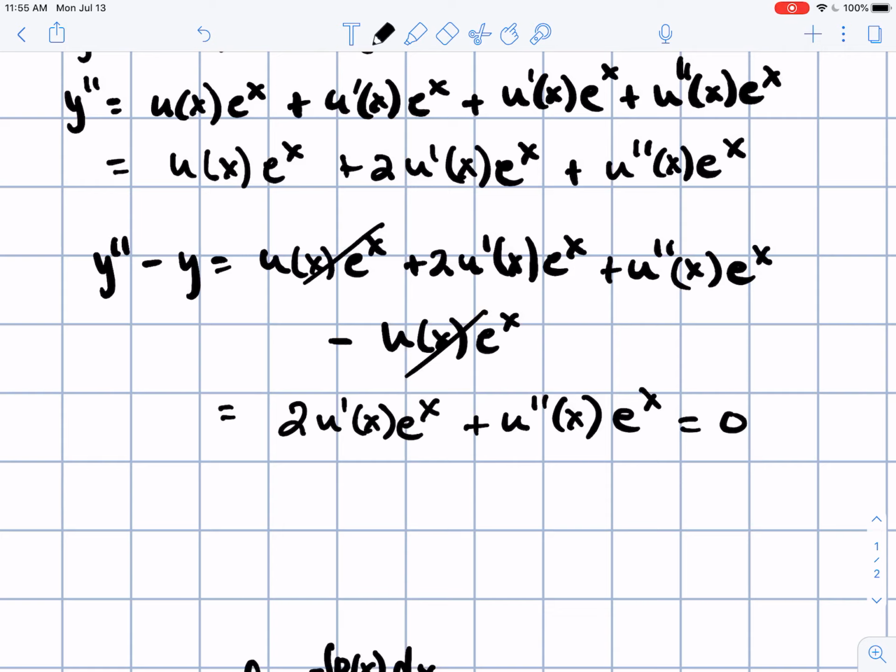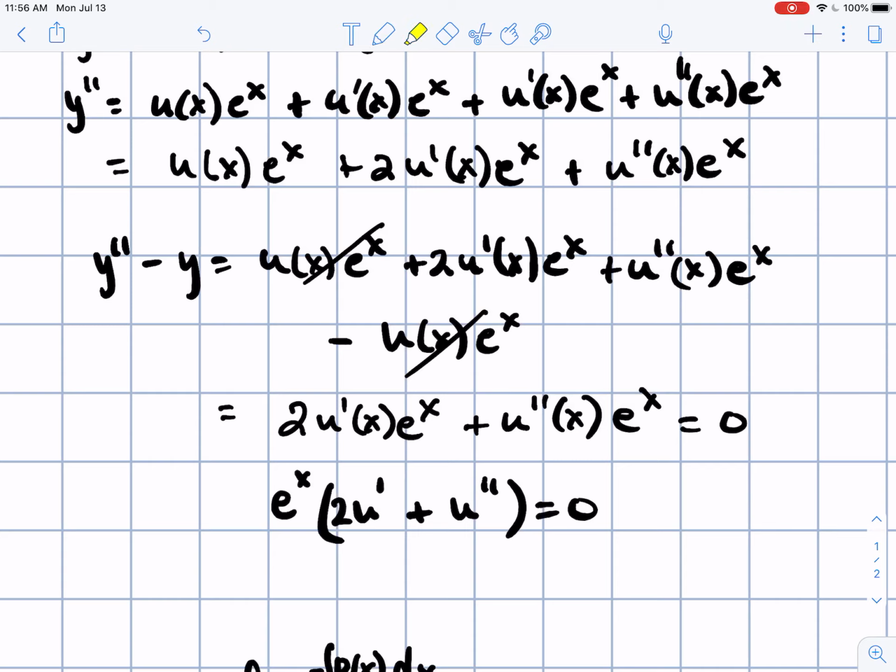Okay, so let's say we factor out an e to the x, right? So I'm still trying to solve for u. Okay, so if I factor out e to the x, I'm going to get 2u prime plus u double prime, and that's going to be 0. Now, I'm just simplifying it.